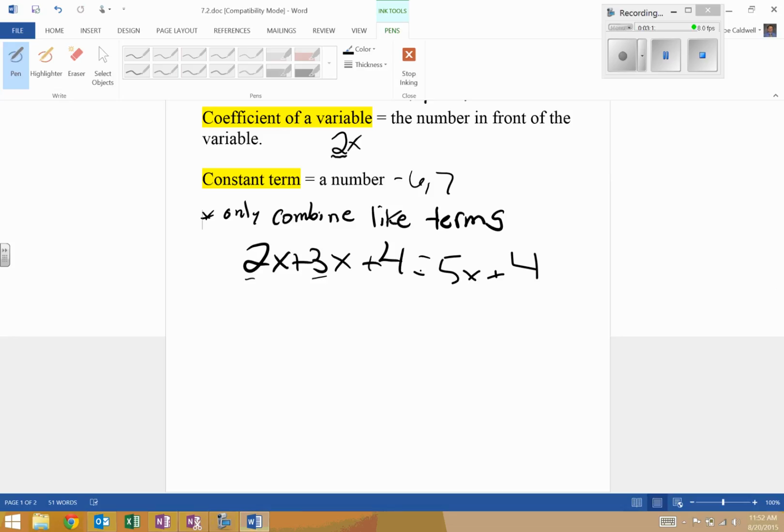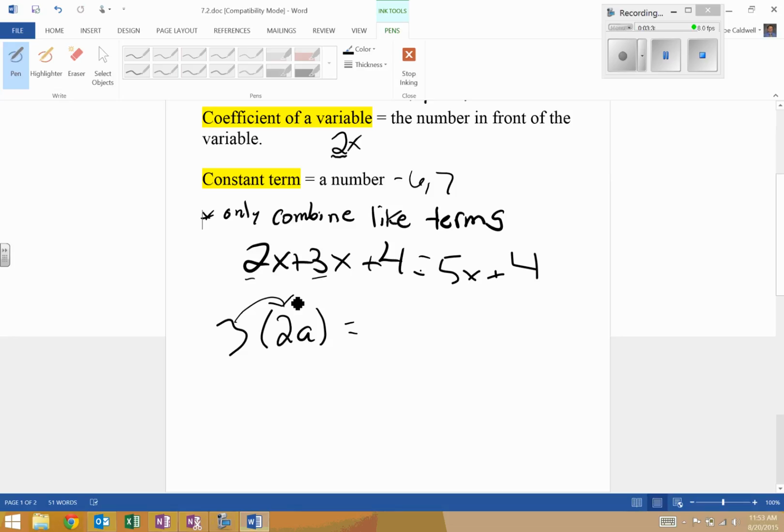Now, another example here. You can't add this because they're not like terms, but what you are allowed to do is multiply. So if I had 3, sorry about my handwriting here, times 2a, remember squished together with parentheses means multiply. You are allowed to multiply a number and a variable term.